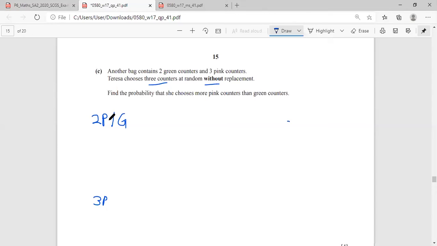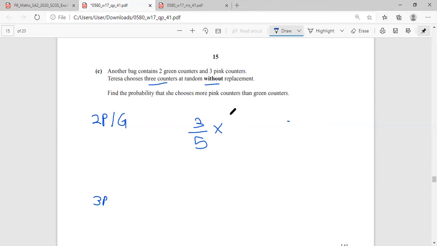So the probability of 2 pink and 1 green without replacement could be pink, 3 over the total 5. And then when the second time you draw, you are still drawing a pink color.